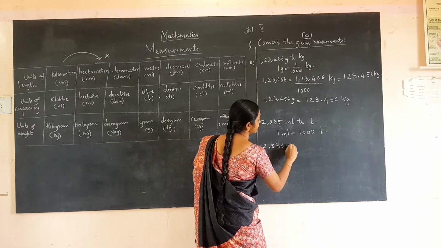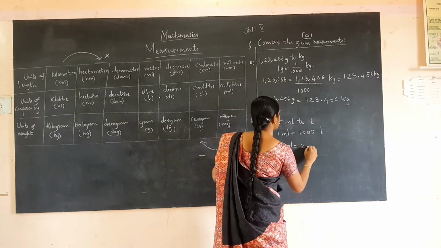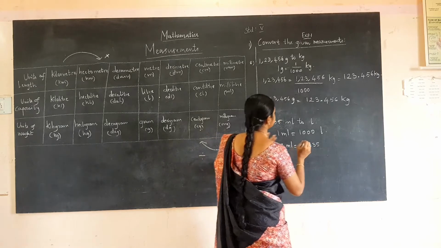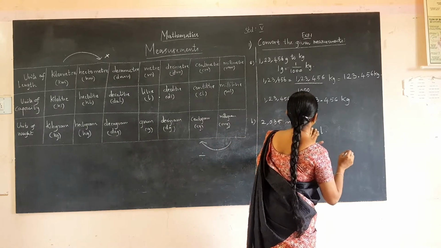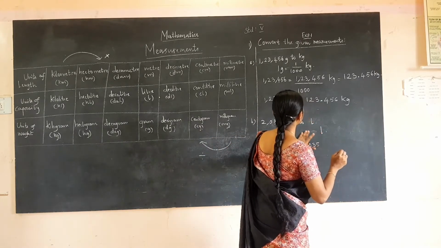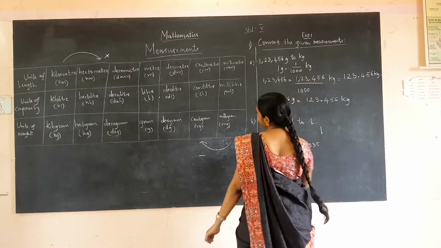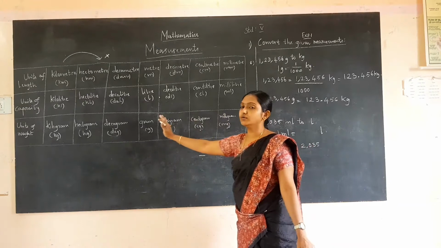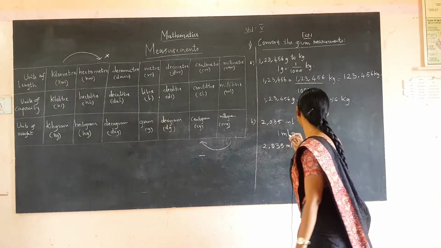Then 2035 milliliter is equal to 2035. We are moving from right to left. We are converting from smaller unit to larger unit. So we have to divide.